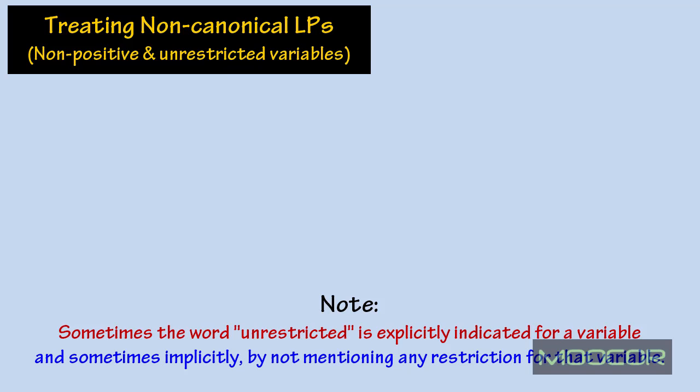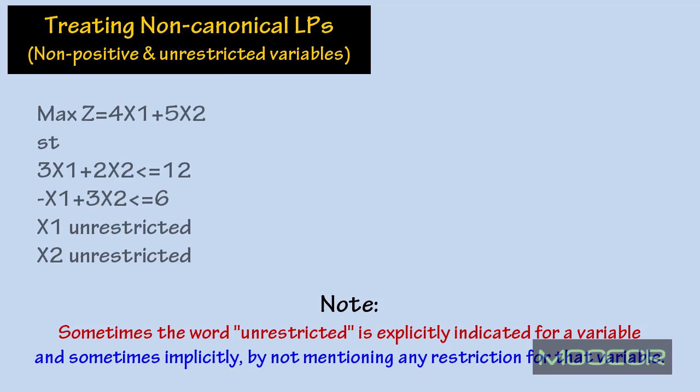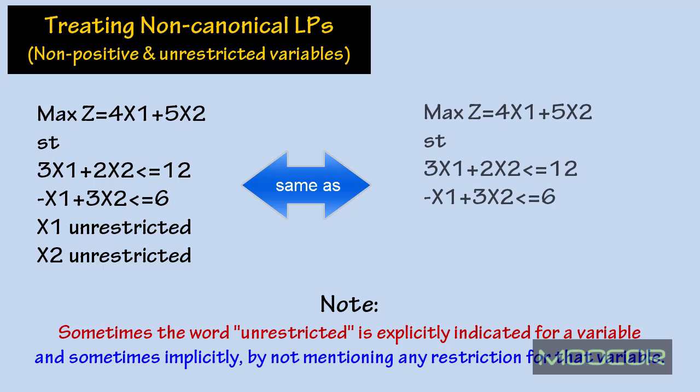That specifically means that those variables are unrestricted. This problem in which x1 unrestricted and x2 unrestricted is specifically mentioned and explicitly written is the same as the problem that there is no mention of x1 and x2.